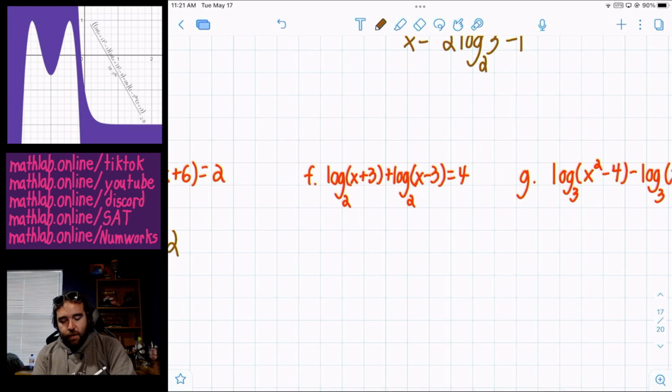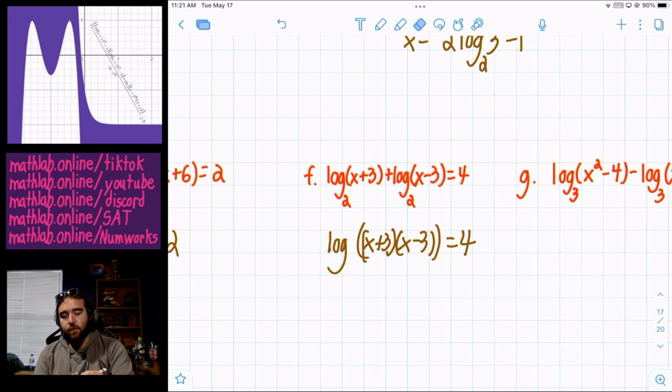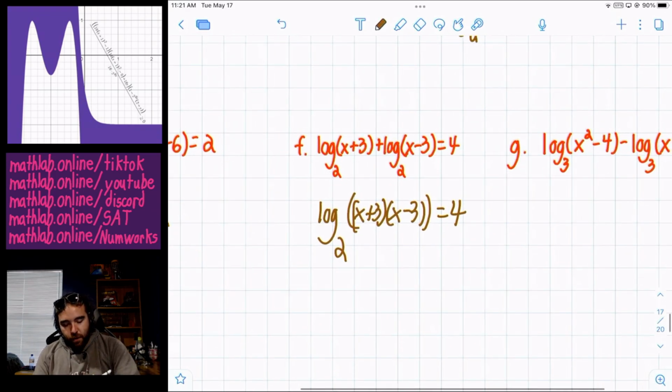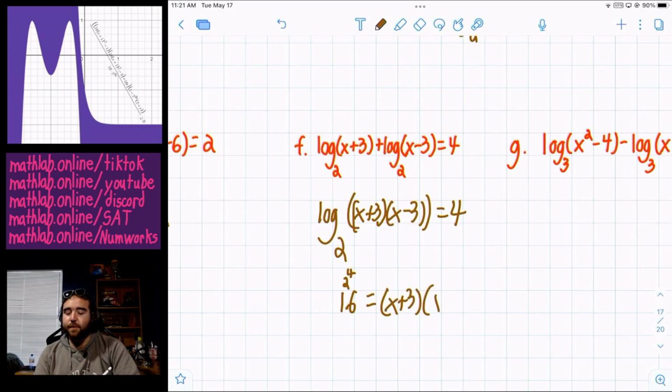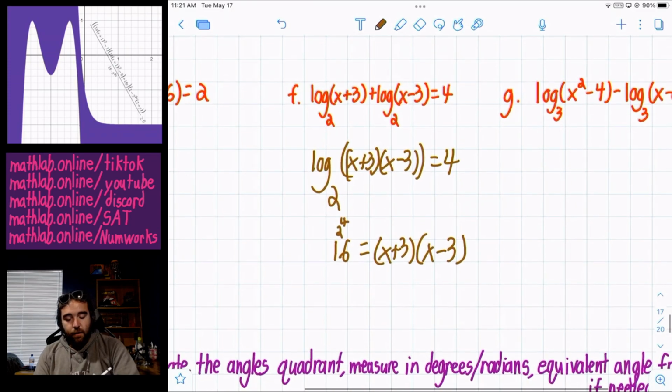That's the deal with a lot of these. You've got to combine them into a single log. And then, it's not log base 3 though, it's log base 2. So when you put it back into exponential form, 2 to the 4th, 16, equals that. And what is x plus 3 times x minus 3? We ought to know that.